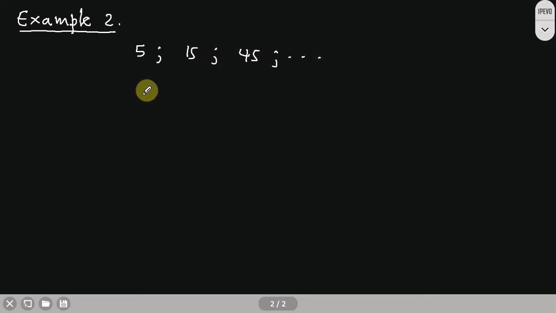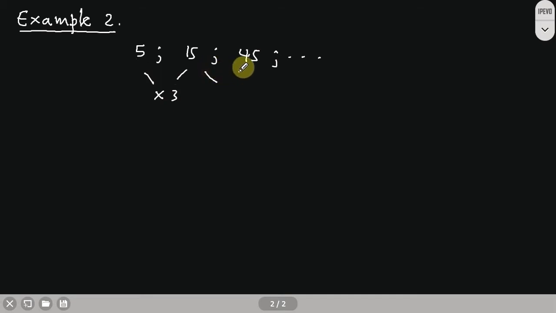Okay, so let's do another example and see how a pattern can be formed. Okay, this is another pattern. As you can see, there is an order or a certain behavior which is observed in this pattern. To get the next number, what they are doing is to multiply by 3. From 5 to 15, you multiply by 3.